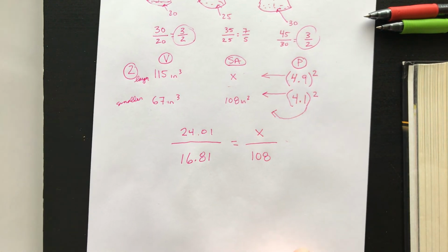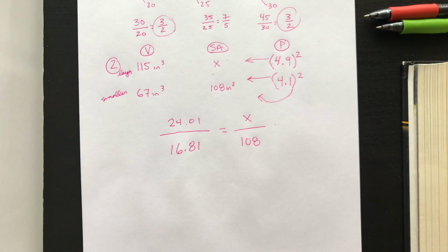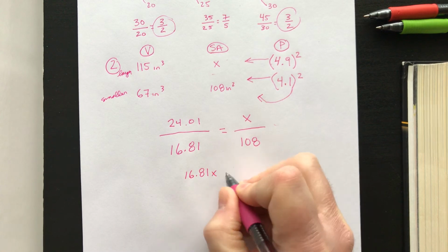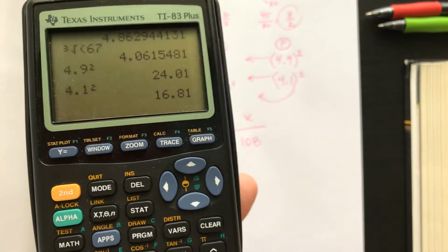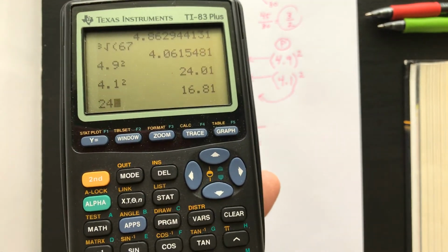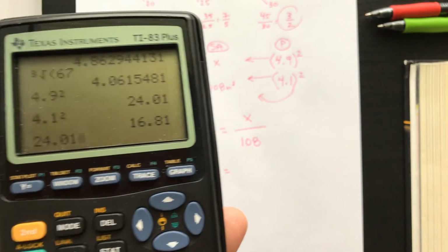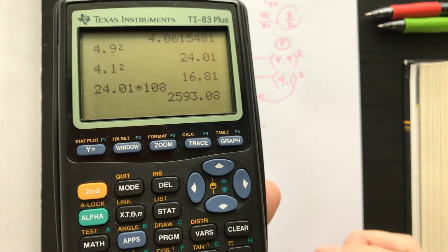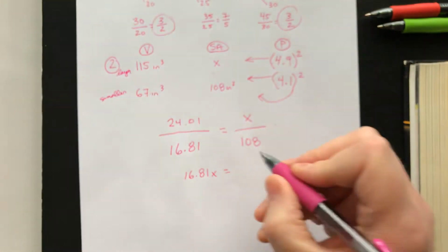All right, I set up my proportion, and you just cross multiply. So I have 16.81x is equal to 24.01 times 108. I'm cross multiplying here. So I get 2593.08.